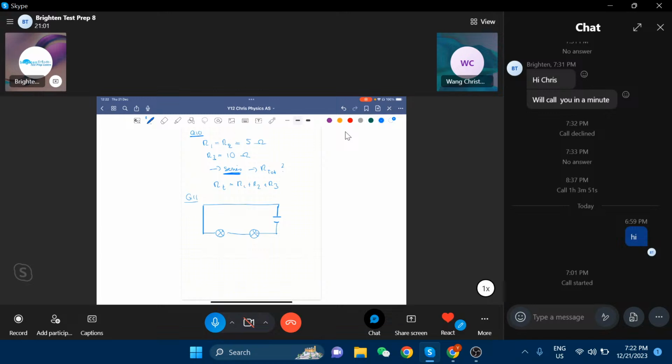Anti-clockwise, exactly. And why is that so? Because it's a positive flow of current, and the electric cell has plus on top and negative on bottom. Yeah, exactly, good one. So very simple, kind of.